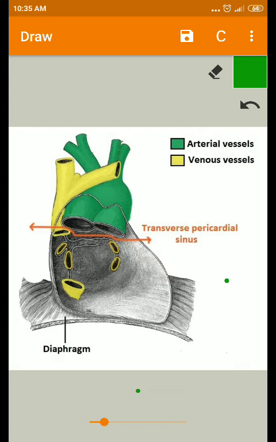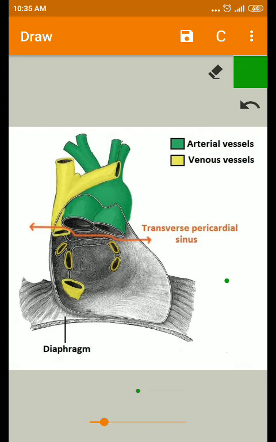Like we have seen some grooves or fissures in the lungs, in the same way the heart also has grooves. Over those grooves, the visceral pericardium is not fused, and this layer is separated from the heart by blood vessels.